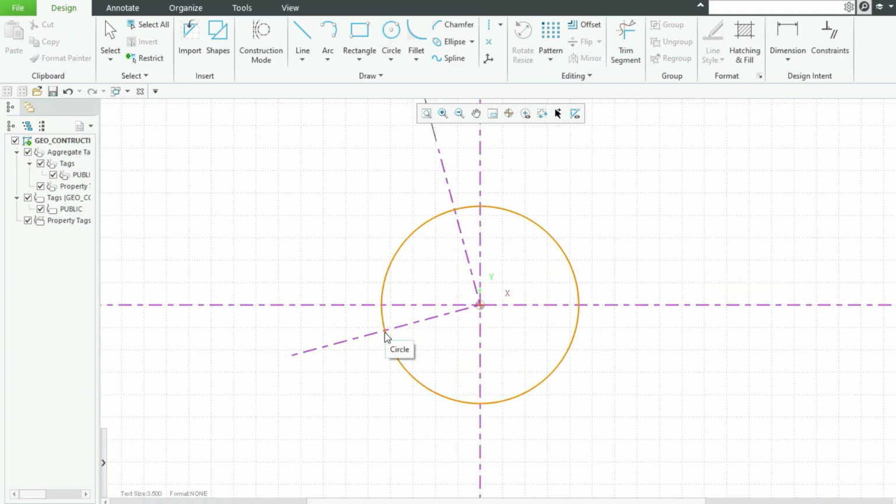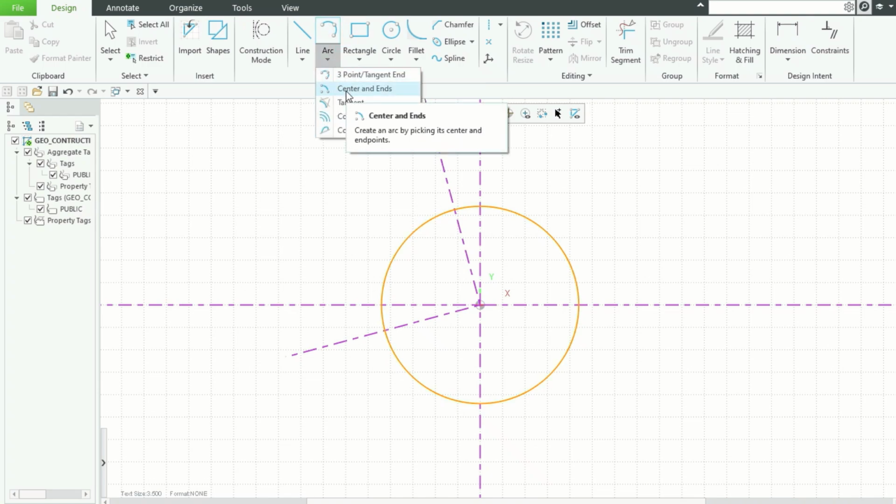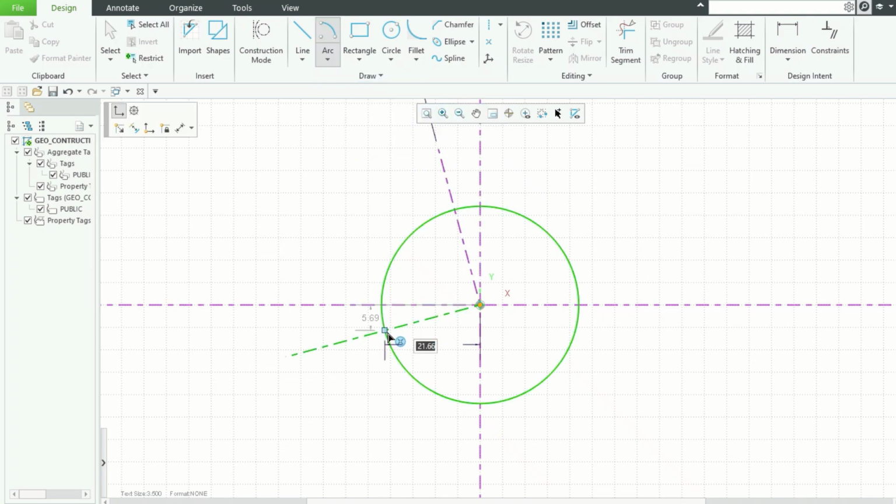Then we have to draw a normal or tangent line. To draw the tangent line, first we have to make an arc from this to this, and then again one more arc.